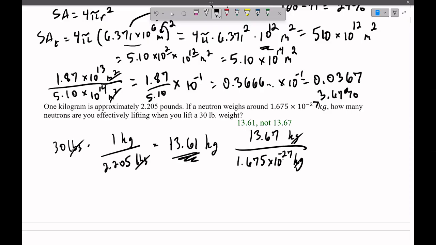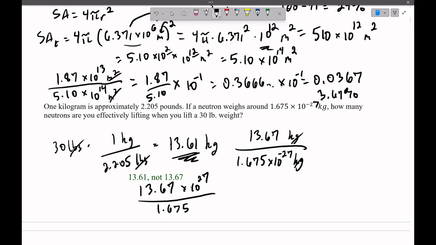By rules of exponents, I know that should actually go into the numerator because the negative flips the position. So we're going to have 13.67 times 10 to the 27 over 1.675. So all you have to do is figure out what is 13.67 divided by 1.675.